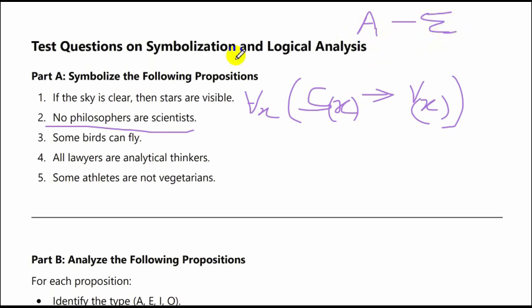If you haven't seen my earlier video, please go and check that, because I've made it very simple and very clear in those videos how to do the conversion from A to E, A to I. A to I is in converse, A to E or E to A is in obverse. Don't get confused with all these A, E, I, O. It is very, very simple, believe me. Once you understand the concept, take your time, go through this. If you still don't understand, let me know in the comment section. I'll try and answer that, make it more simple, but be sincere in trying to understand the concepts.